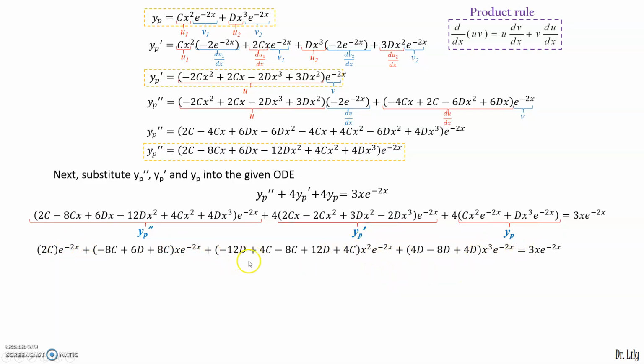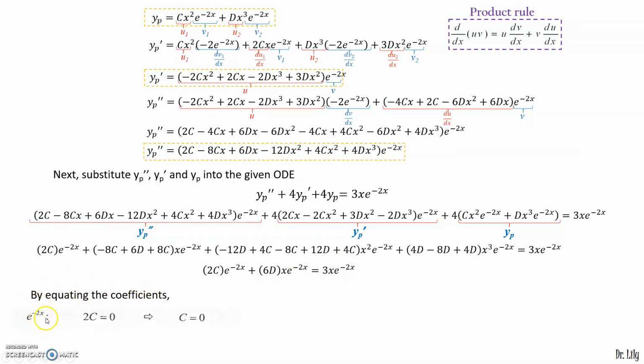Next, we can further simplify the equation because -xc plus xc is equal to 0. Here also becomes 0 and here also 0. So finally, what we have is 2c exponential -2x plus 6dx exponential -2x equal to 3x exponential -2x. Next, by equating the coefficients, I can find the values for c and d.